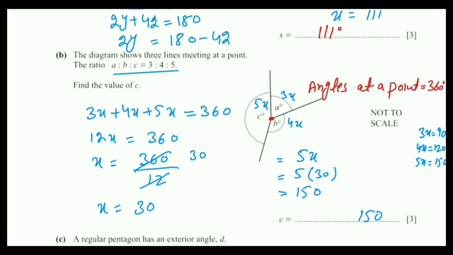You can add and check that it becomes 360 or not. So 270 plus 90 is 360. So you can check that the angle sum is 360. This is the way how you will solve this question.